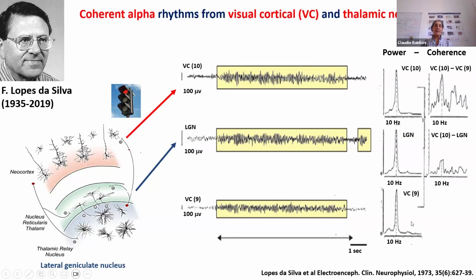And so Lopes da Silva could show that cortical alpha rhythms, e.g. local field potential from intracortical recordings, is strictly related to functional cortical connectivity, mainly, but also for some part to thalamo-cortical and cortical-thalamic functional connectivity.